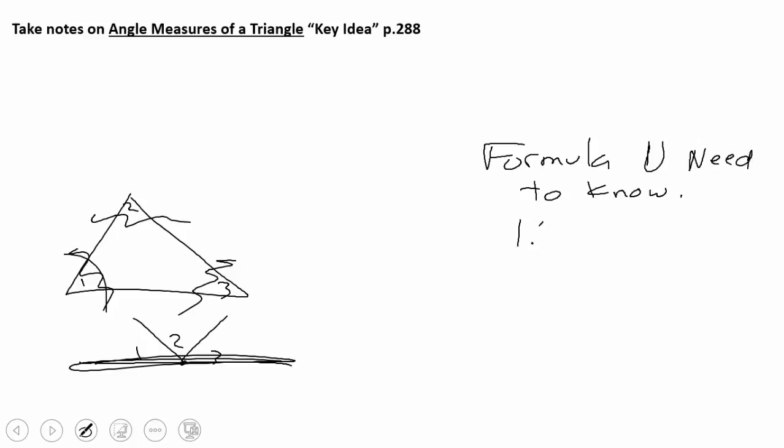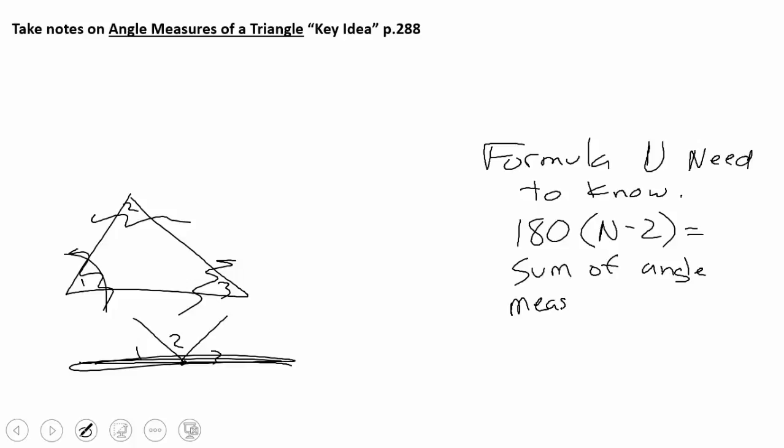That formula is 180 times (n minus 2), and that equals the sum of angle measures for a polygon with n sides.